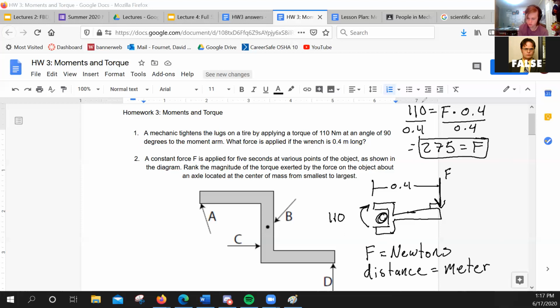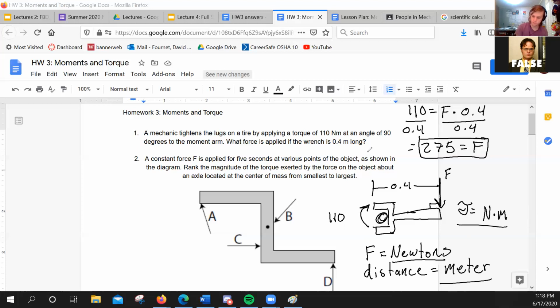So torque, which is usually kind of like that symbol, is in Newton meters because it's newtons times meters, right? Right. Force is newtons, distance is meters, and torque is newton meters.